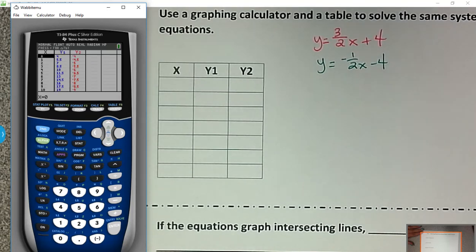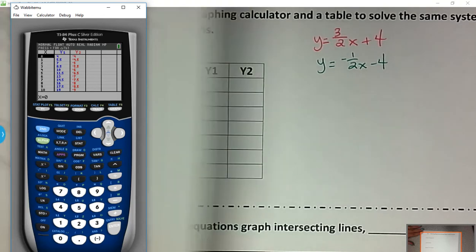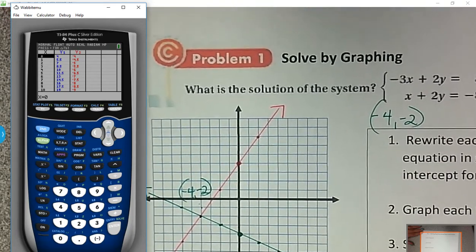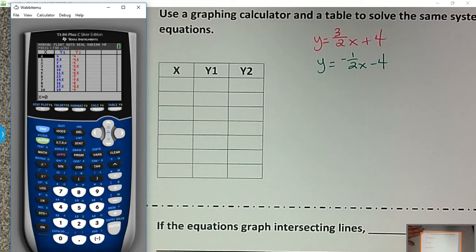So here is my table, and I want to remind you what our answer was here. It was (-4, -2). So what I want to do is go up to where x is -4, and I want you to take a look.